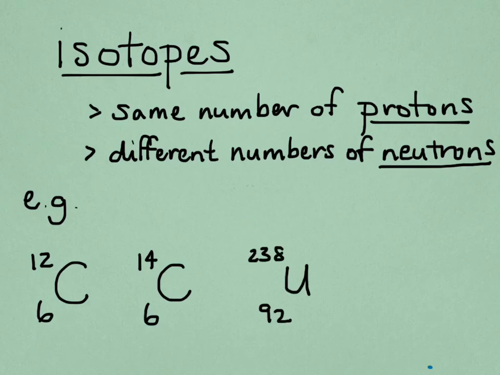Another example, uranium-238, that's how you specify it, has got 92 protons. If you add the protons and neutrons together you get 238. Another form, uranium-236, has 2 fewer neutrons, but it's still 92 because it's uranium.